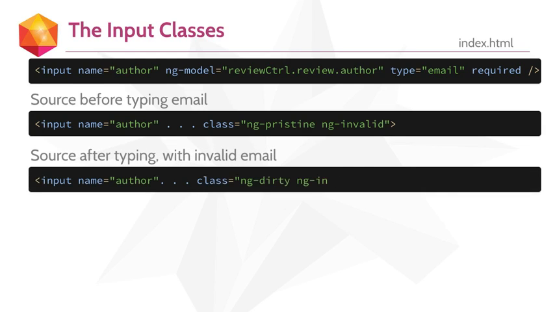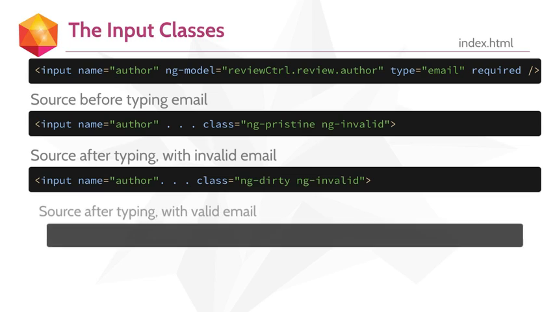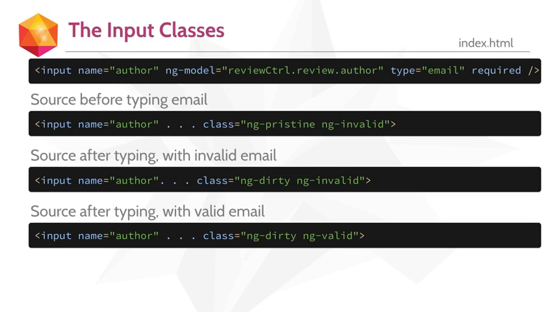As we start typing inside that field, the class changes. The class gets updated to ng-dirty, but it's still invalid, so it still has ng-invalid. Then, after we have a valid email, that ng-invalid turns into ng-valid. All this is default magic that Angular adds for you.